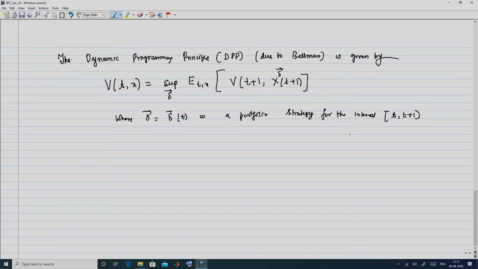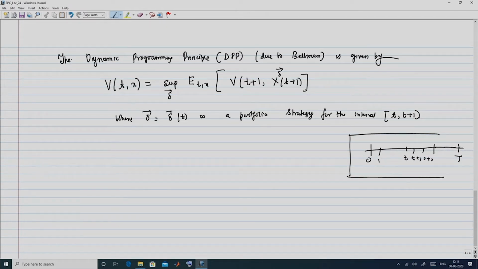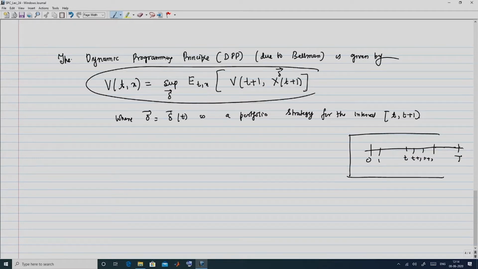So, let me just elaborate a little more on this. So, this means that we have these time points, say 0, 1, and so on, and we have this time point t and t+1, t+2 all the way to capital T. So, the dynamic programming principle does the following: you have started off with time capital T, and suppose that you have arrived at time t+1 and you have evaluated what is the value function at that point, which is V(t+1, X(t+1)).